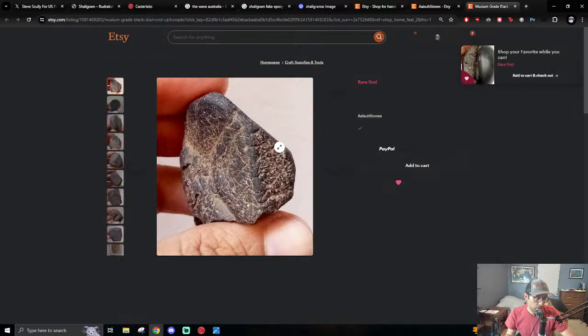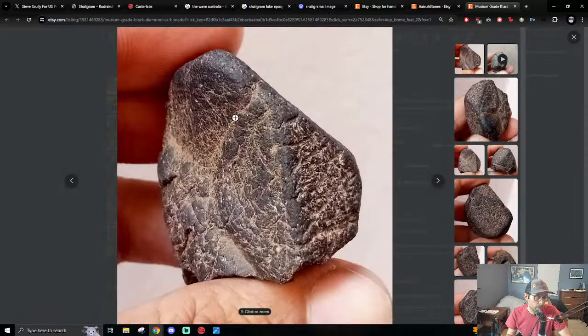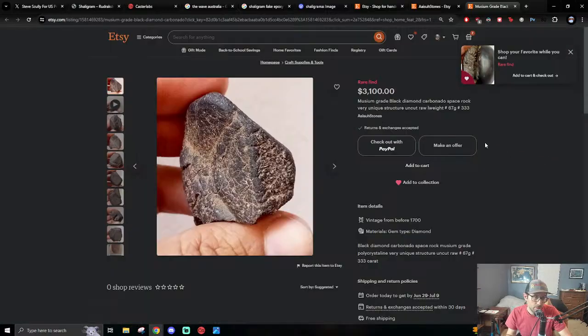I mean, sure, they're ridiculously expensive. I don't know if whatever this is is worth $3,100. I don't know why it would be space rock.